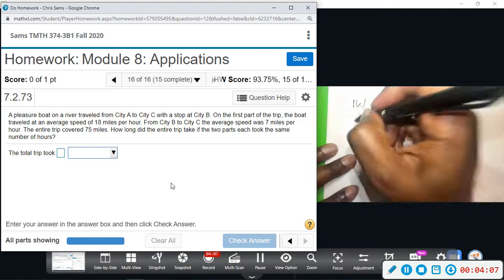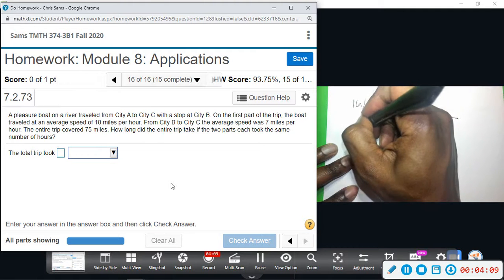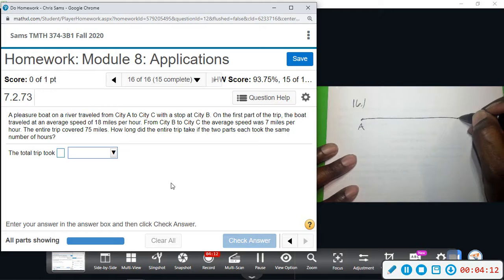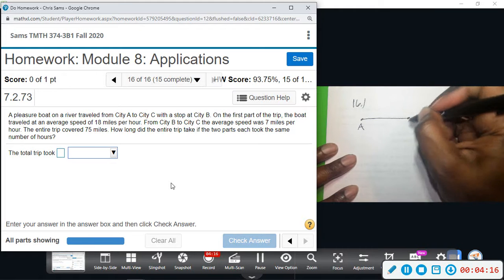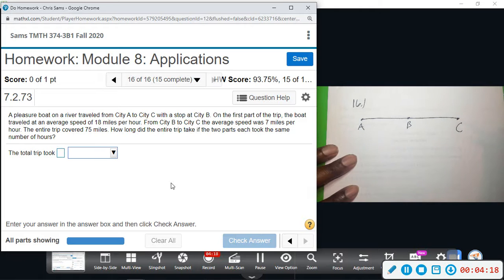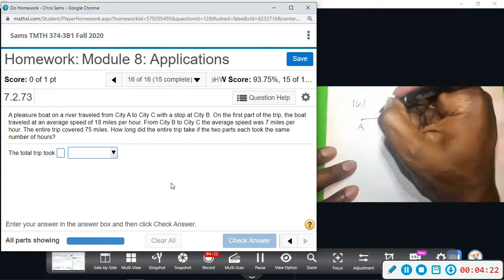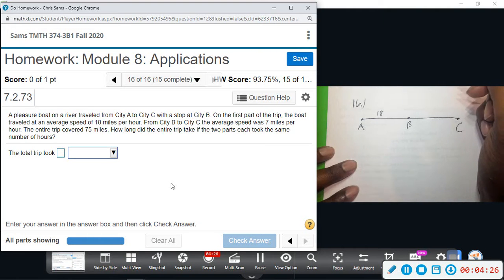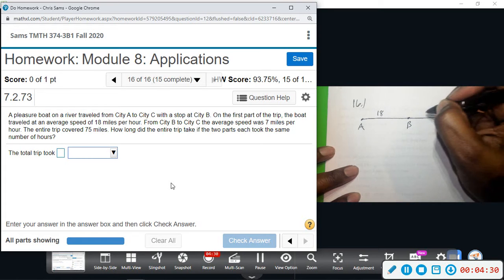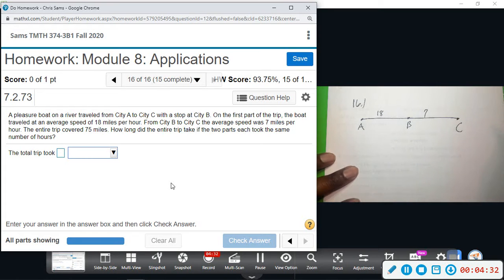So we're going to say this is city A. I don't know if it's a straight line or not, but this is city C, and we have a stop at city B. So the first part we traveled 18 miles per hour, so I'm going to put 18 here. From city B to C, the average speed was 7 miles per hour. The entire trip covers 75 miles.